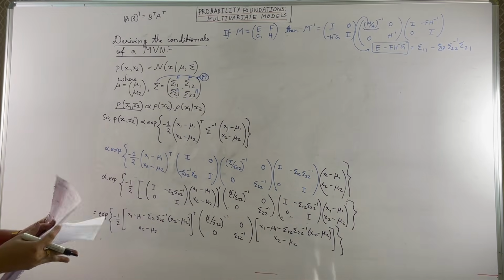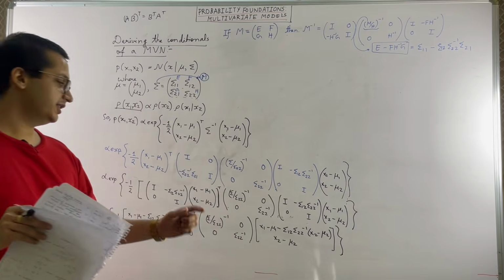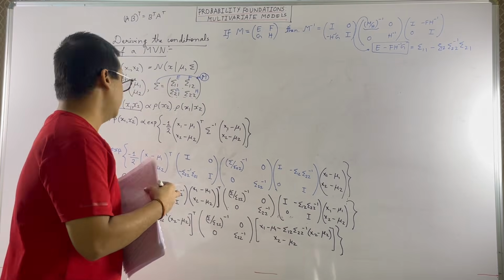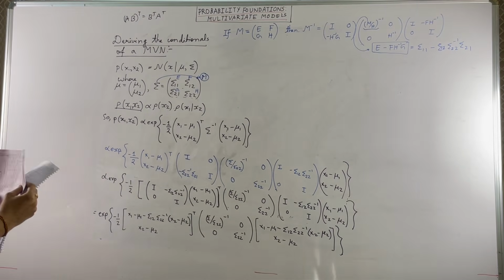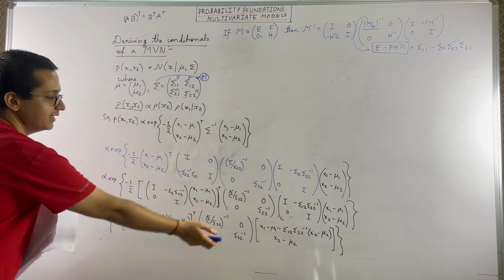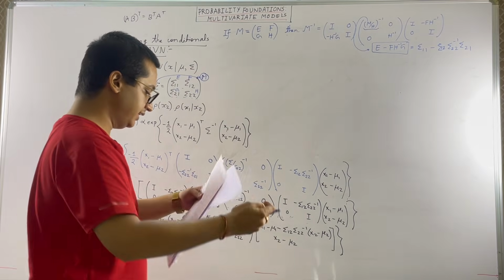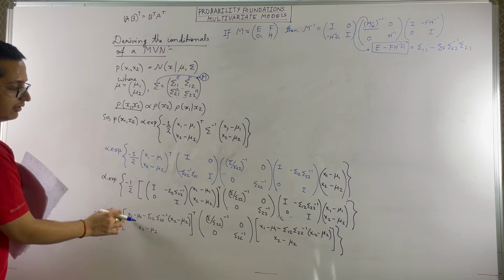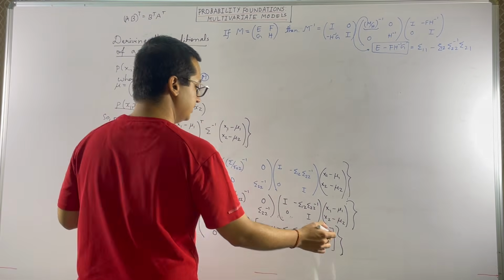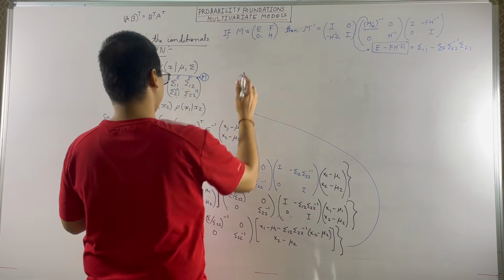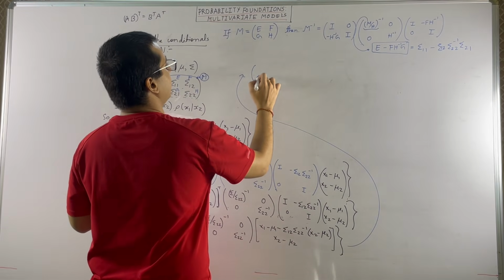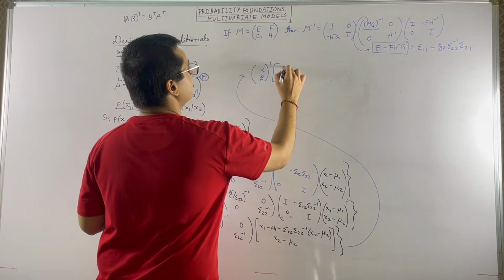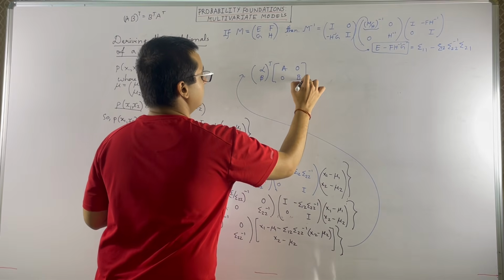Now see, before I do all this multiplication, let me observe something. You see, these two are the same, right? And this is diagonal. So just try to look at this structure that I'm trying to show. What this entire expression looks like is something like this, where you can think of this as alpha, beta, let's say. So you have alpha beta transpose, and this is, let's say, some capital A 0 0 capital B, alpha beta.